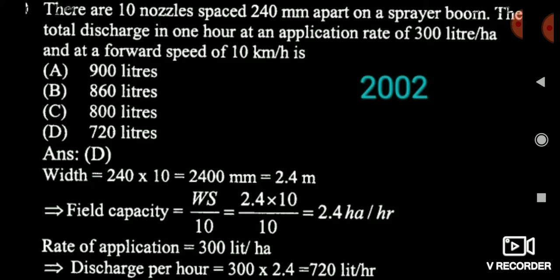But friends, for 2.4 hectare of land it is using 300 into 2.4. That is the simple mathematical logic.